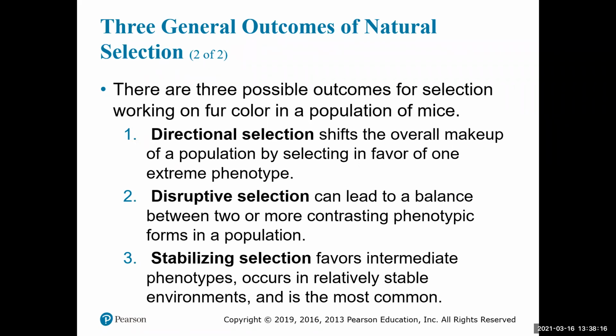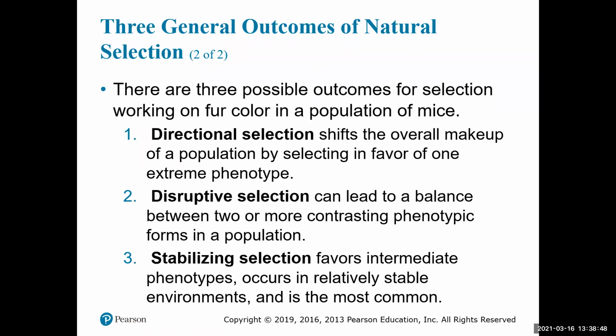So let's say we have a mice coat color where you have light white mice, darker mice, and then you have a gradient in between where you have grayish colorations. Directional selection will favor one of the extremes, so either the completely white or the completely dark color. So the direction will shift to one extreme.